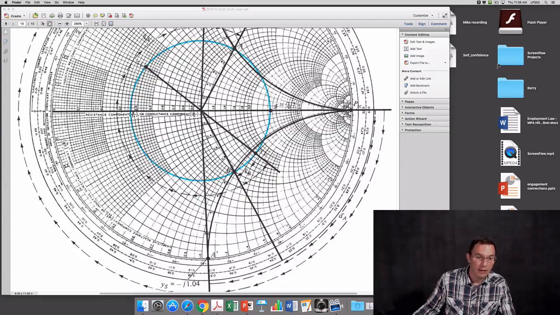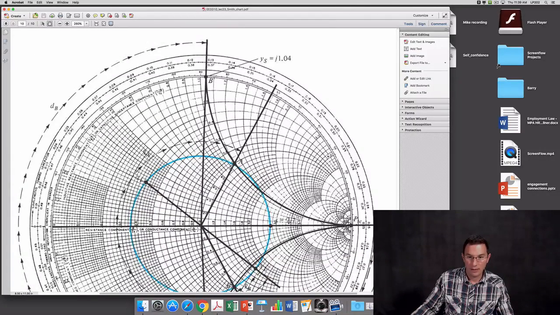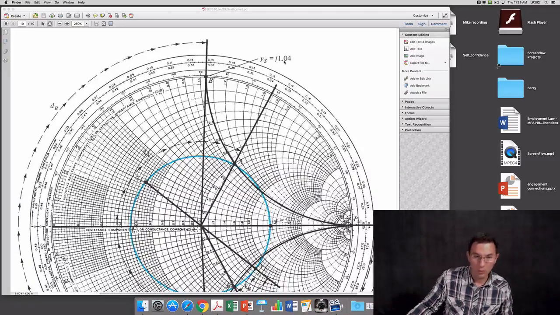It makes a certain amount of sense, right? If you add admittance, the real part is not going to change, but you're going to move along this circle right down here to the origin.